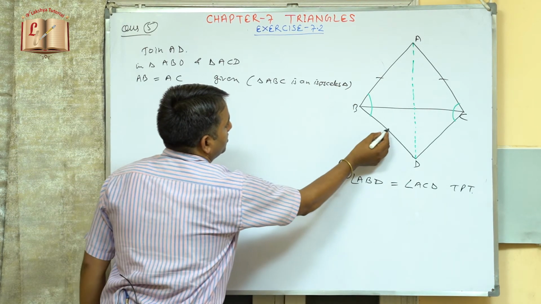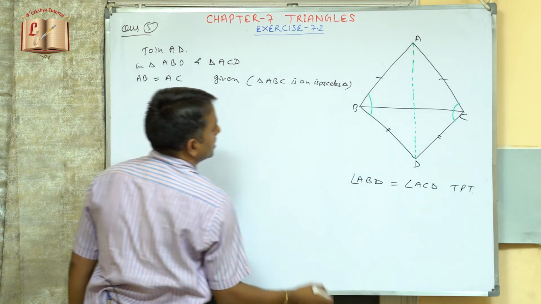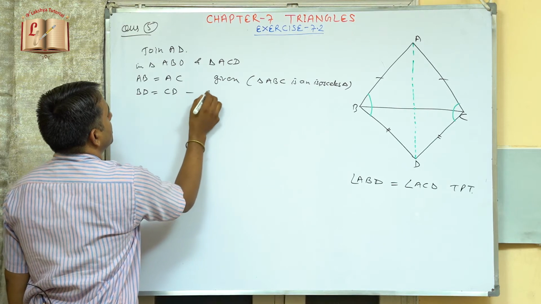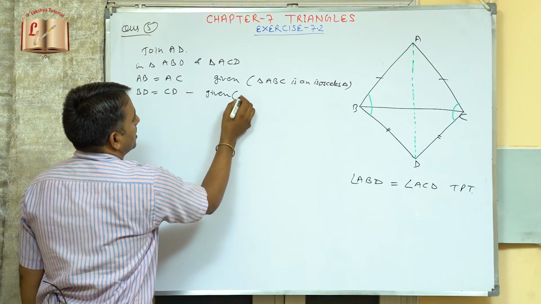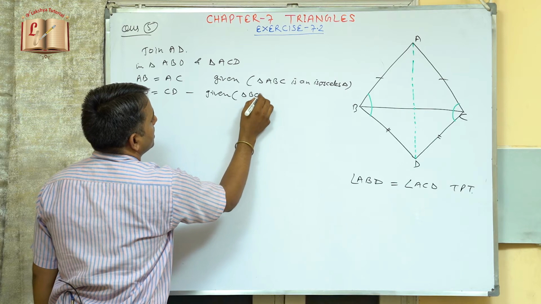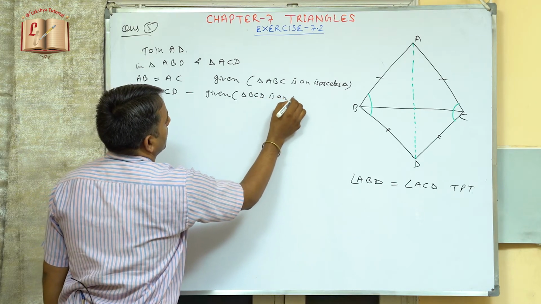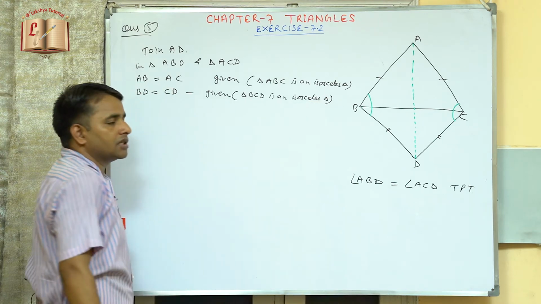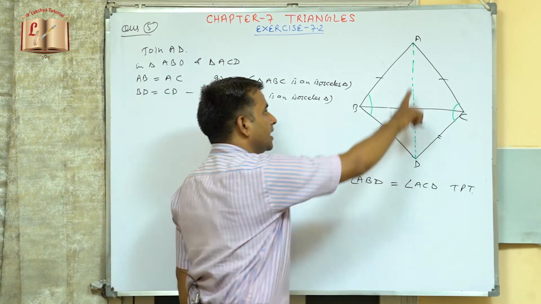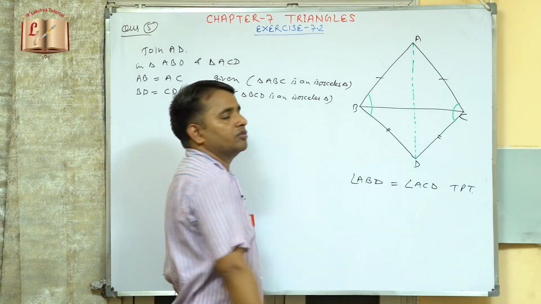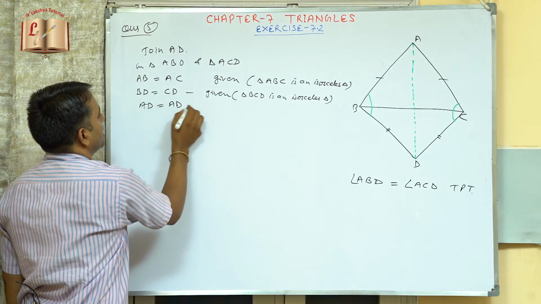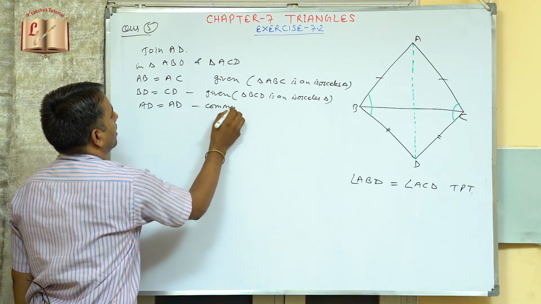And similarly, BD is equal to CD. This is also given to us because triangle BCD is an isosceles triangle. So these two things are given to us, and AD is common to both the triangles. I can write AD is equal to AD, so this is common.